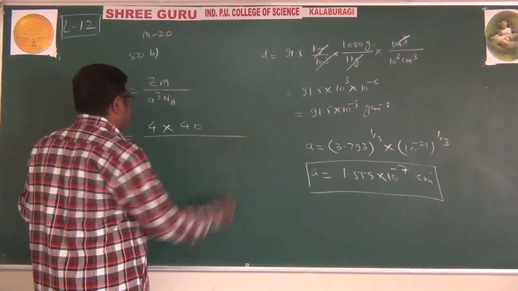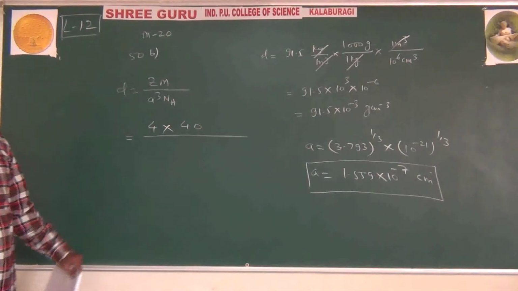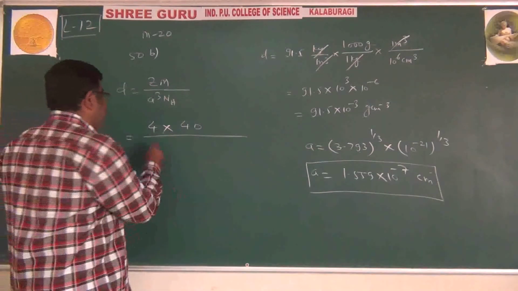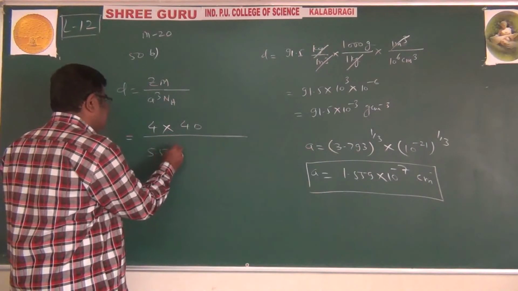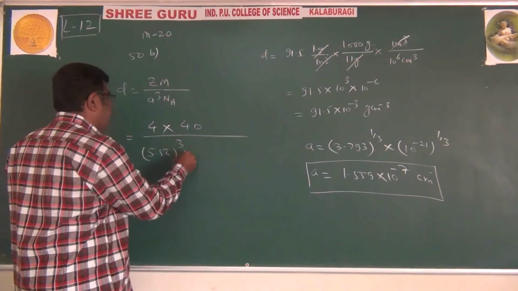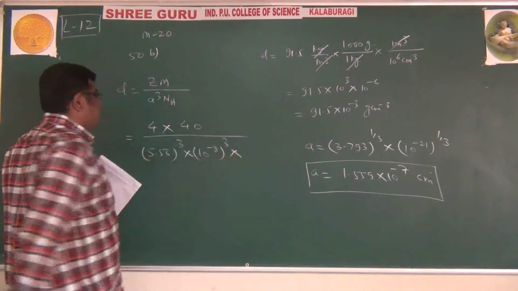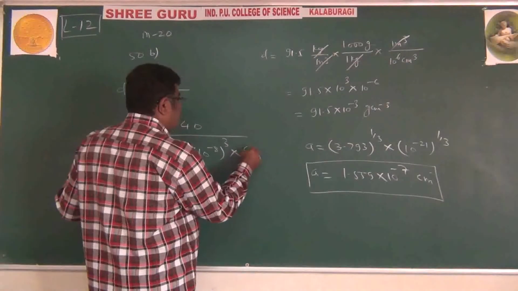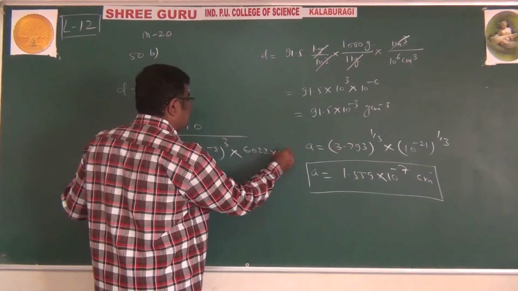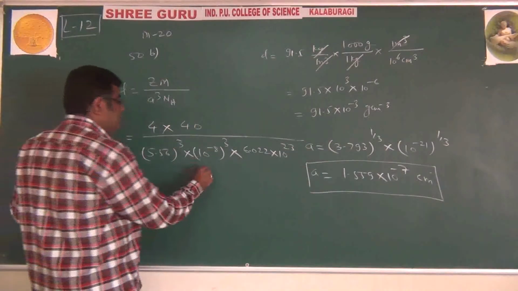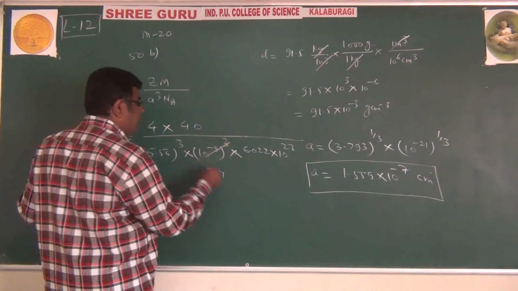This is calcium, A cube is 0.556 nanometer. So I have to convert this as 5.56 cube of that, 10 raised to minus 8 cube of that, 6.022 into 10 raised to 23. This is 10 raised to minus 24.